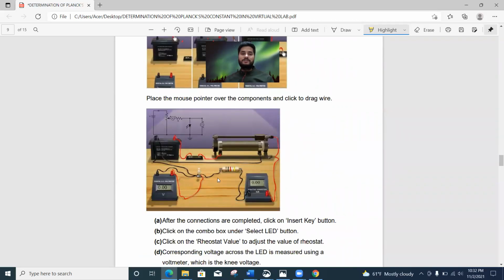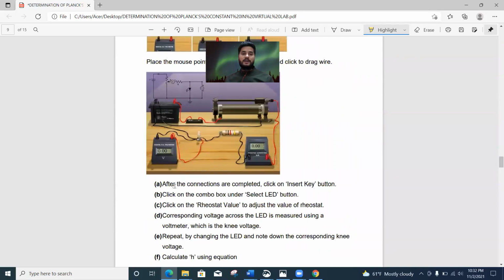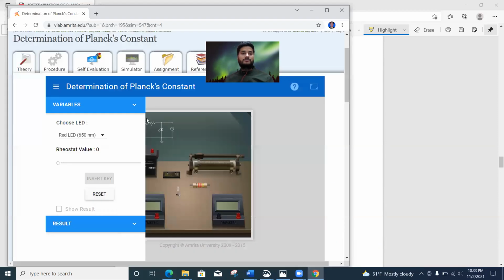We have been given many procedures here. First of all, after the connections are completed, click on insert key. These are all found in our virtual lab, and the combo box also appears in our virtual lab. So now I'm going to enter into our virtual lab. For this, we open the web browser and go to the address vlabs.amrita.edu.